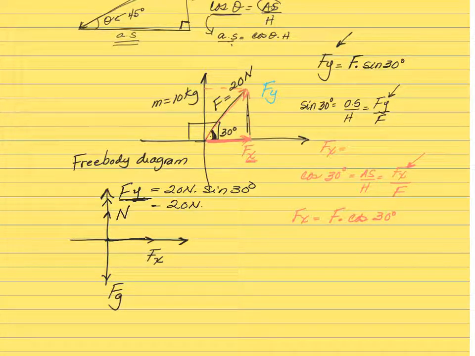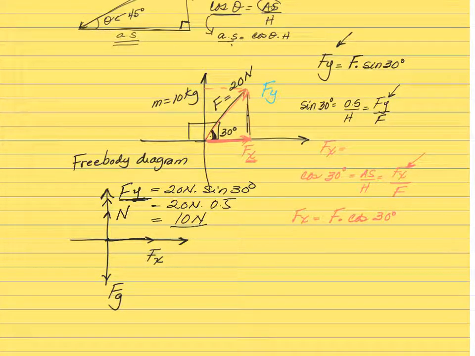Sine of 30 degrees in your calculator. I got 0.5. 0.5 times 20, that's 10 newtons.